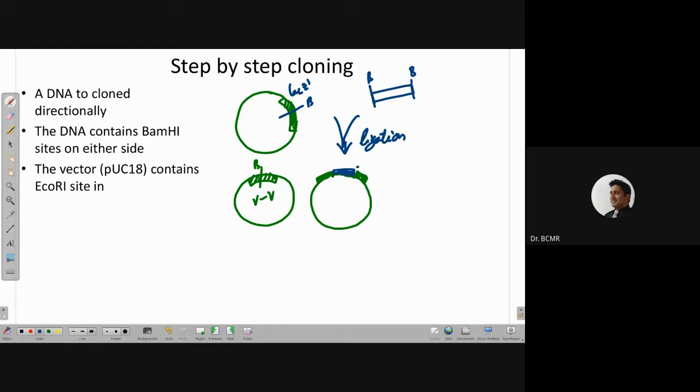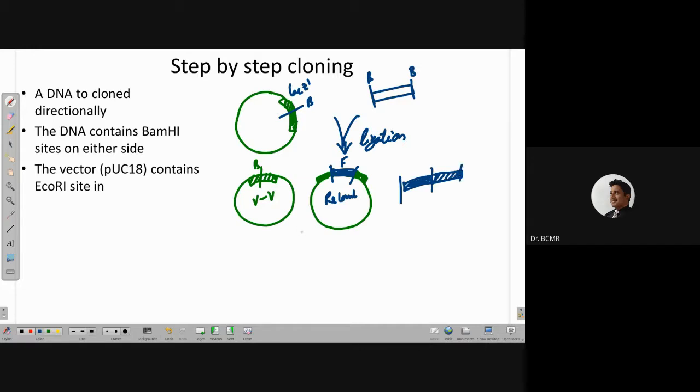That means this is the recombinant, and that is what we are looking for with the gene of interest. Okay, this is the fragment. We'll also get several of those, maybe multimers of fragments like this.